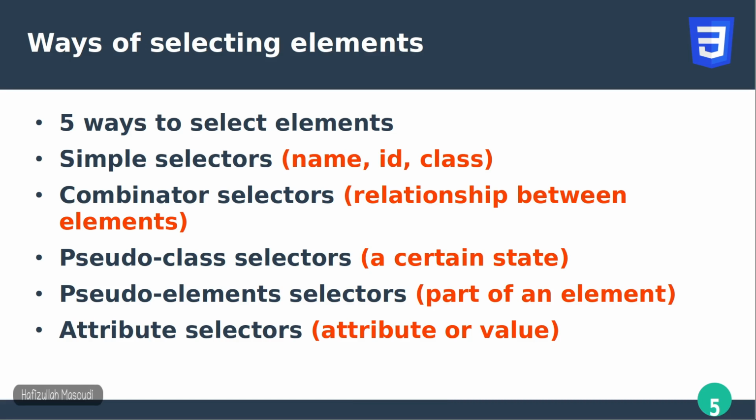And the fourth one is pseudo element selectors, selecting and styling a part of an element. And the final way is attribute selectors, which is selecting elements based on an attribute or the attribute value. If you don't understand these concepts now, don't worry, you will understand them later in this course when we go deep in learning each of them. So for now, just know that we can select elements in these 5 ways.